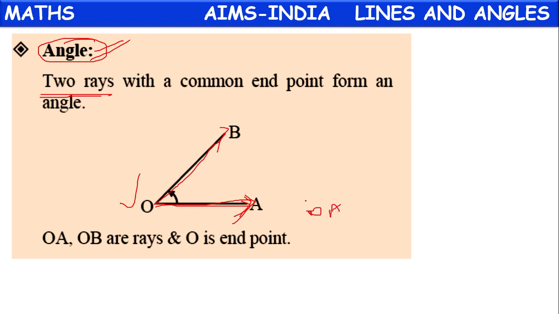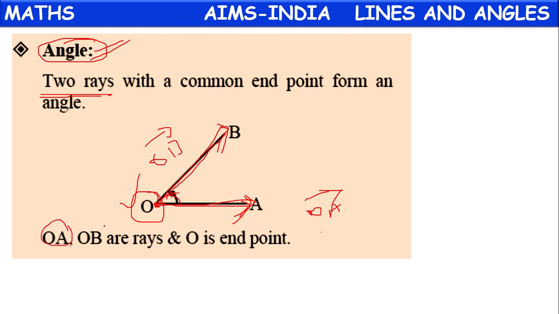And OB, the endpoint of OB is O, which can be extended in the direction of B, OB bar with arrow mark. These two rays have a common endpoint O. Then at the common endpoint, they will form an angle.